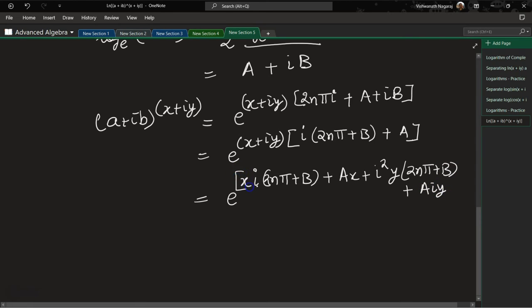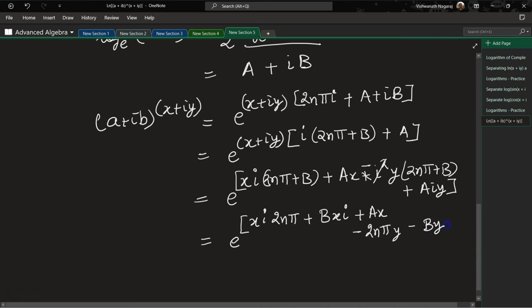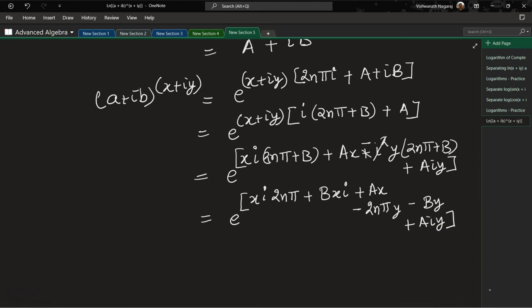This entire thing is the exponent. E to the power of, so this will become minus i square, okay? And let's see, xi(2n pi) plus Bxi plus Ax minus 2n pi y minus By plus Aiy. Again, this entire thing is the exponent.